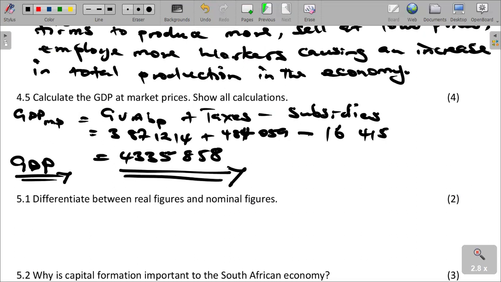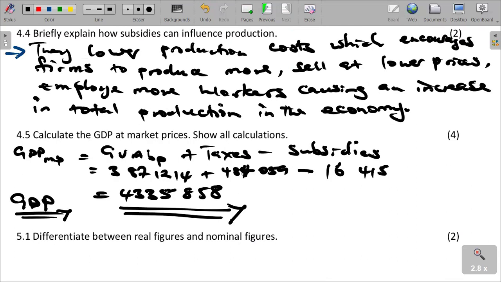So please note, as I stated, when calculating this question you must always start by stating the values that you have: our gross value added at basic prices, which is 3 million something, 387,1214.